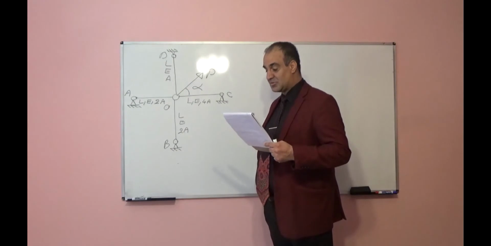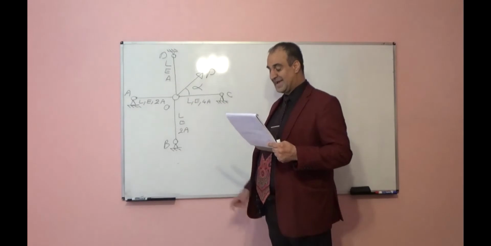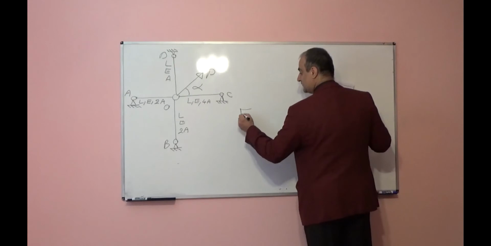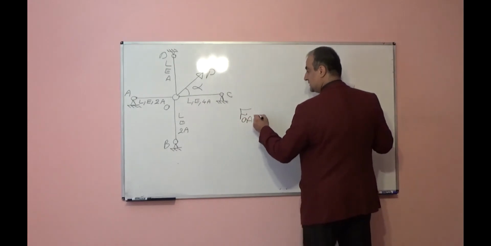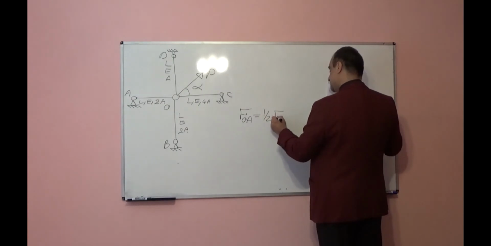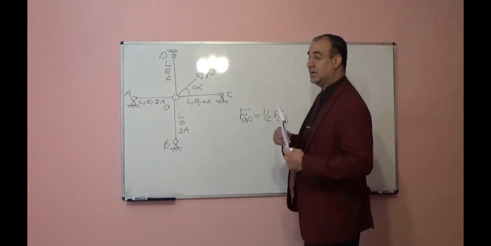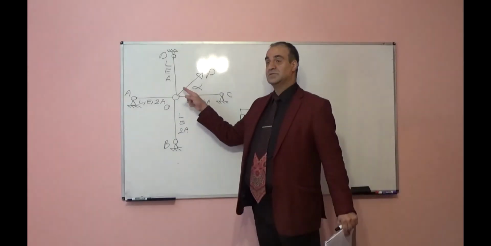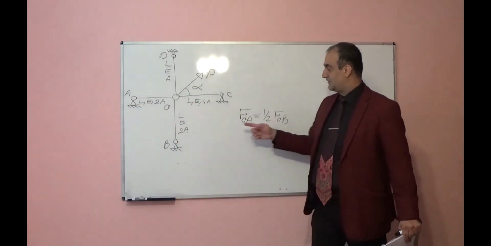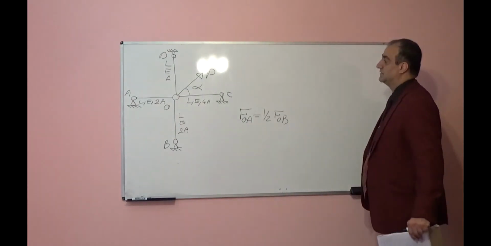So external load P is applied at point O. Determine the angle alpha so that internal force in member OA, which means this member, is equal to half of internal force in member OB. I want to find this alpha so that internal force in this member is equal to half of internal force in this member. So how can I find it?